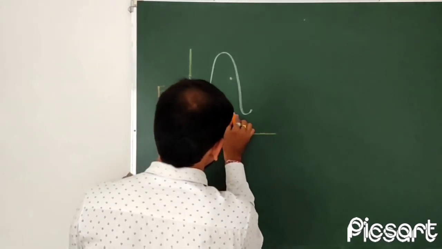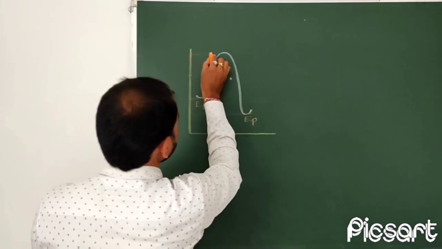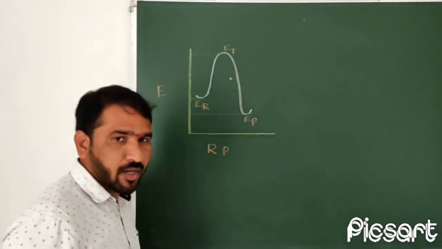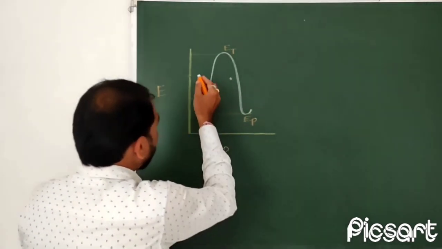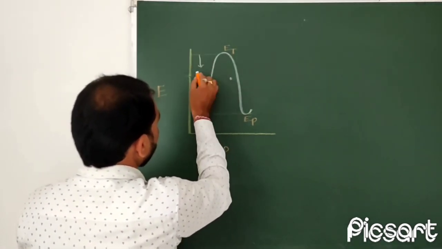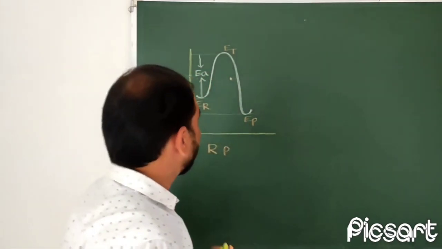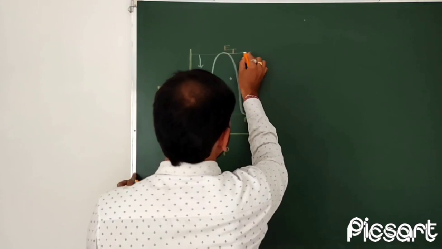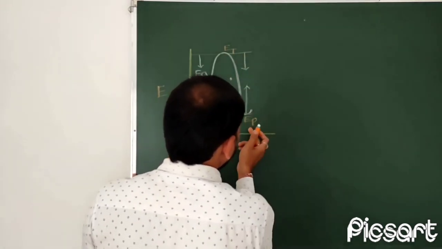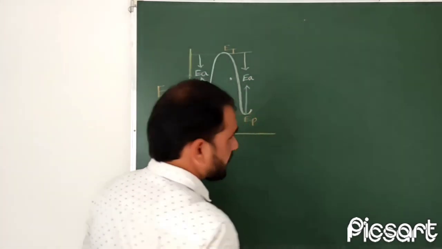This energy is called the product energy, and this energy is called the total energy. Okay, then here the energy gap between reactant energy and total energy is called activation energy. Here also the energy gap between product energy and total energy is called activation energy.